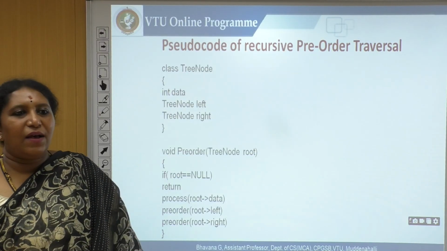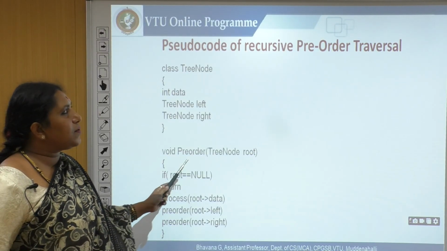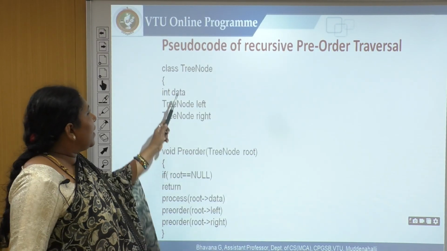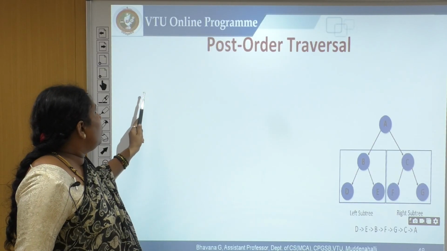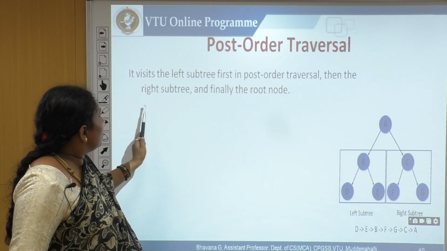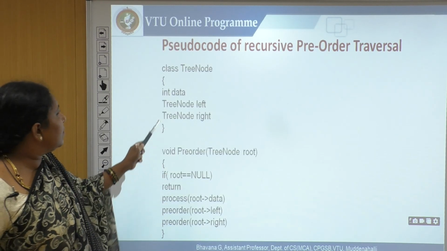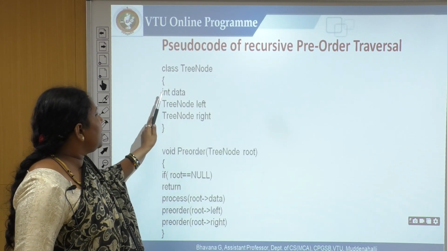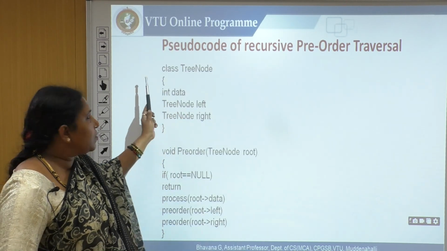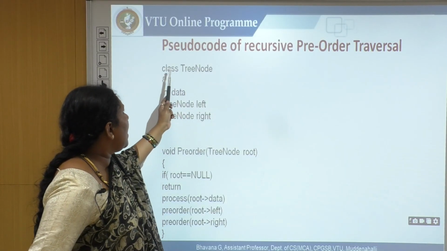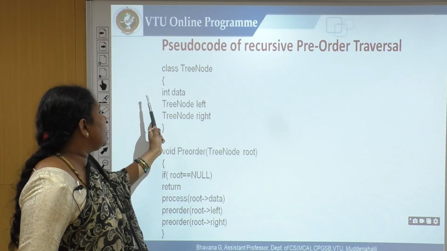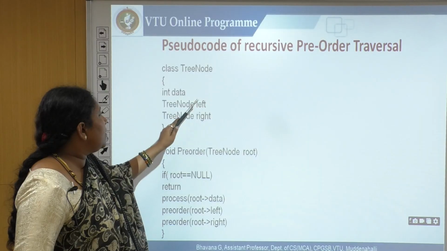This is the pseudo code for the recursive pre-order traversal. Again, this is the code for creating the tree, that is creating a tree node class, then you're creating a data of integer, then left address, right address.